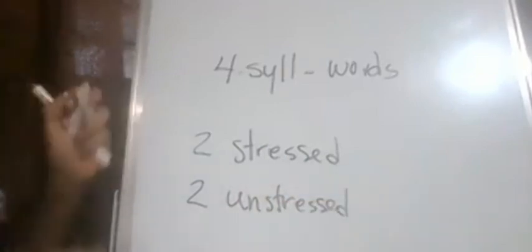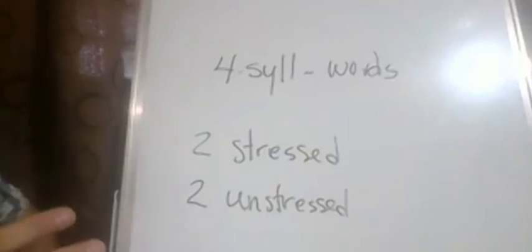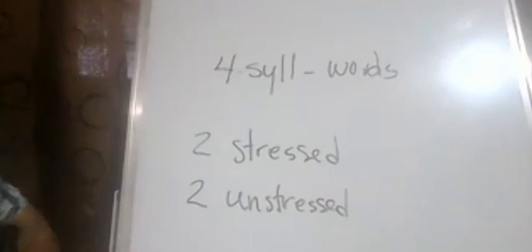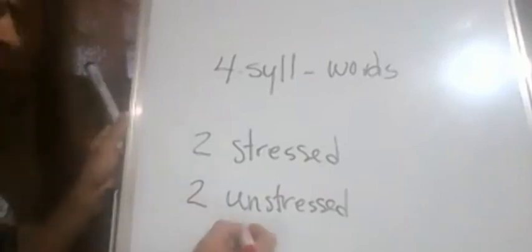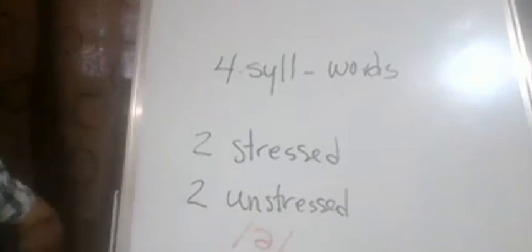In 4-syllable words, like conversation, right? Con is stressed. Ver is not stressed. Say is stressed. Shun is unstressed. When you have 4-syllable words, most likely, probably 90% of the time, the 2 unstressed syllables will be schwa. Okay?